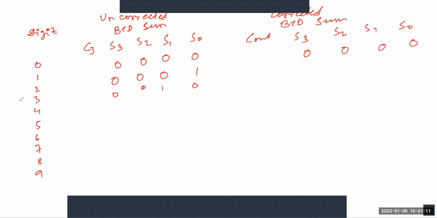So almost the time is over, so your home task is that from 10 to 15, first in your copy you should write normal in binary form. Okay, 4-bit. And after that simultaneously you should write the corrected BCD form, because you already know how you can convert uncorrected to corrected form in the sense of BCD.